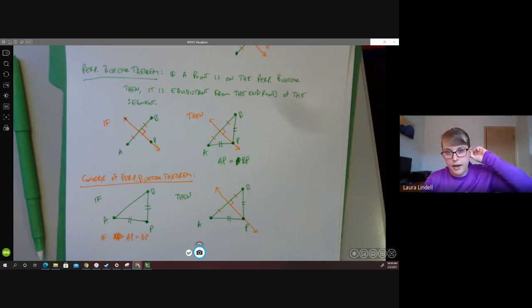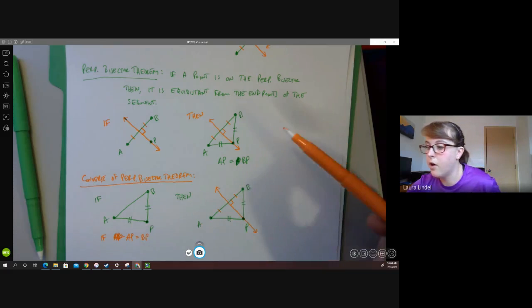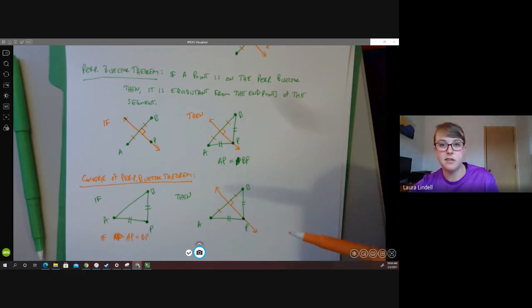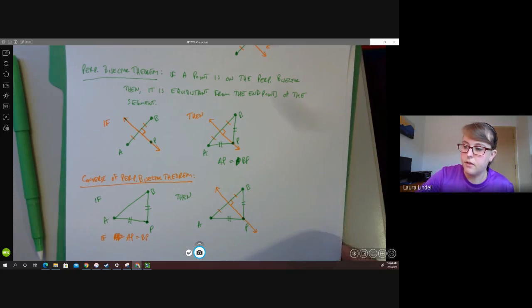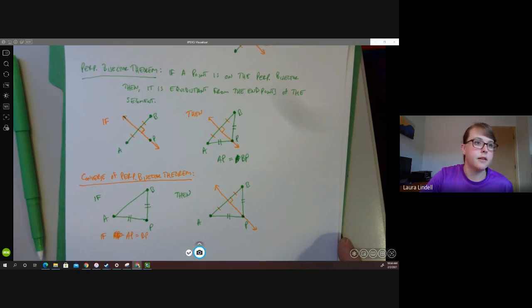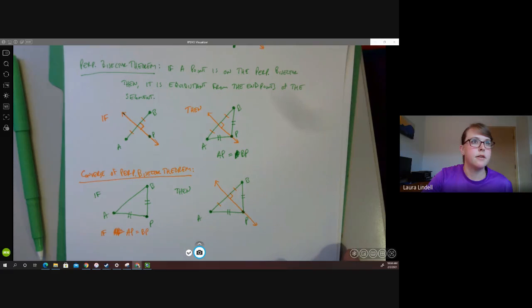So now we've got to look at some kind of problems that we'll see, knowing what the perpendicular bisector theorem says and does. But I'll leave this for a sec, let everyone finish writing, and then we'll do some examples.